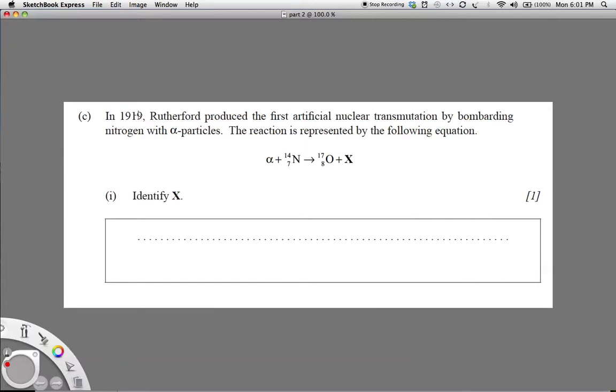I have to identify X. I know that this is a hydrogen nucleus because I've taken an alpha particle and added it, so the total number of nucleons in the nucleus is now 17, and there's 1 proton. So I've added 2 neutrons, 1 proton. So what I end up with is just 1 proton. So hydrogen nucleus or proton would be the answer. All right, next question.